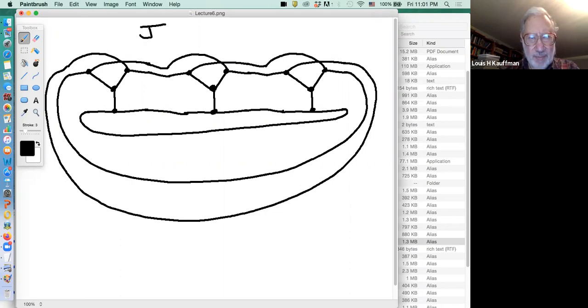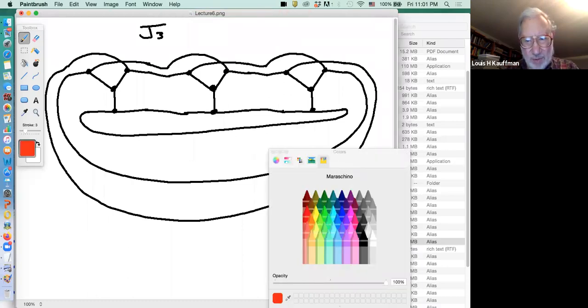That's J3. And you might wonder, how might that be related to Peterson, since it's very similar in size? It's a little larger. So another exercise for you.